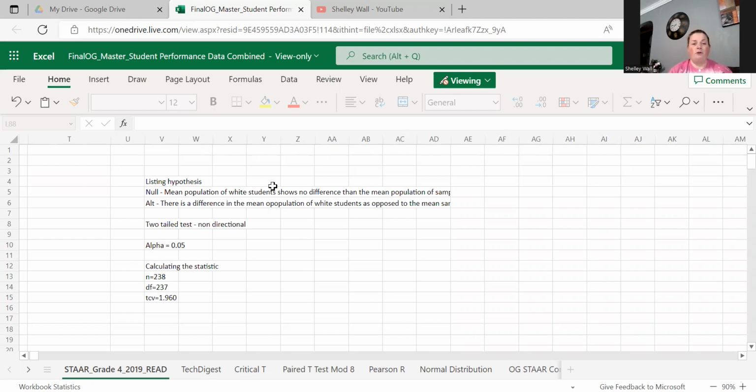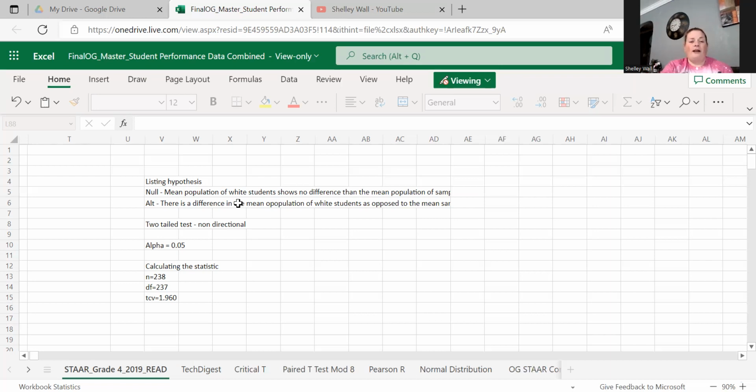So there is no statistically significant difference in the means. Conversely, your alternate hypothesis, which you also need to test, states that there is a difference in means for the population of the state versus the population in my sample.